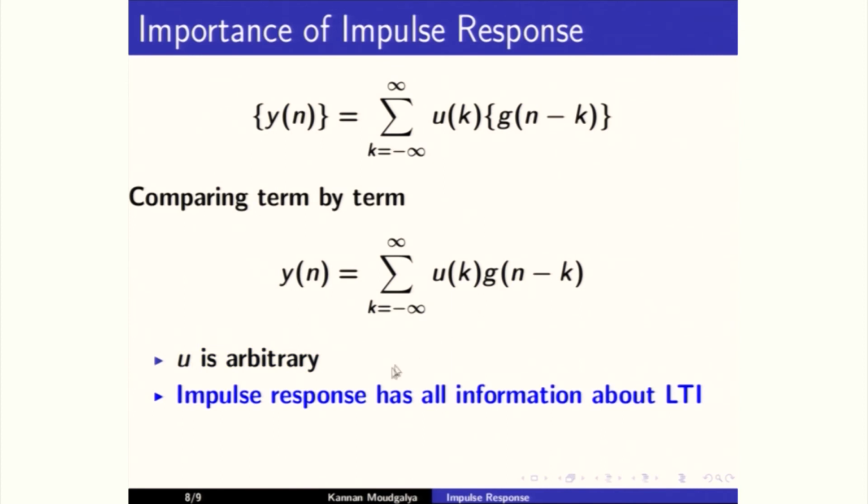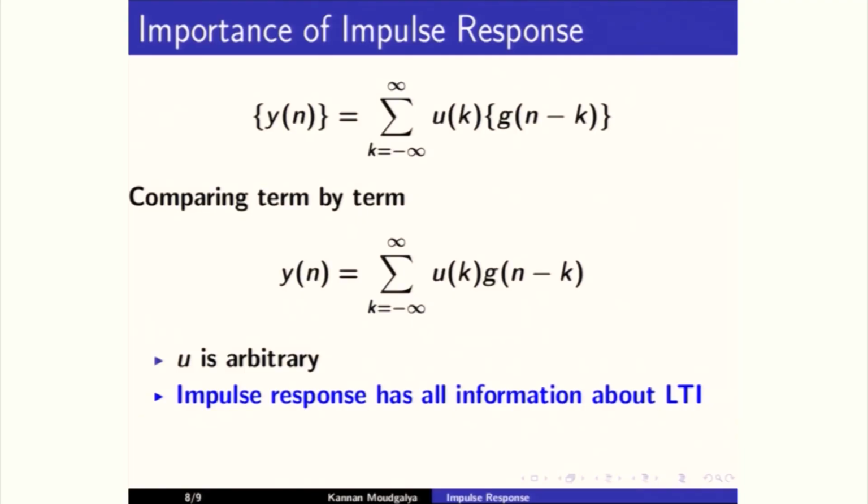So the impulse response has all information about LTI. Why? Because supposing I ask you a question, what will be the response if I give the input as some arbitrary u? Well, you will say just give me that value u, I do not have to do that experiment, all I have to do is to use this formula because I have this g.